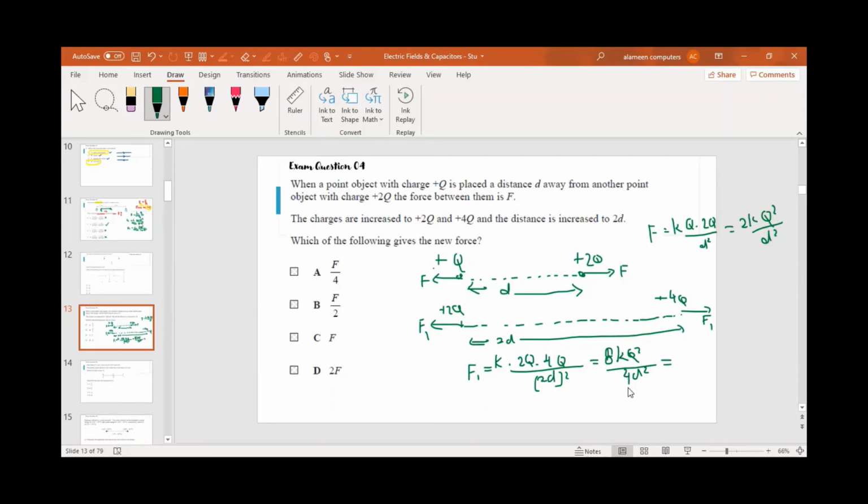So 8 divided by 4 is what? 2K Q squared over D squared. Both are the same. So what's the answer? C.